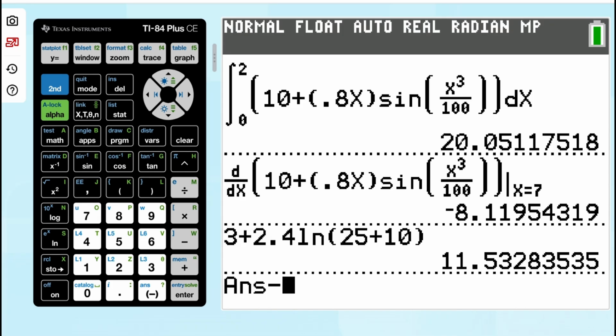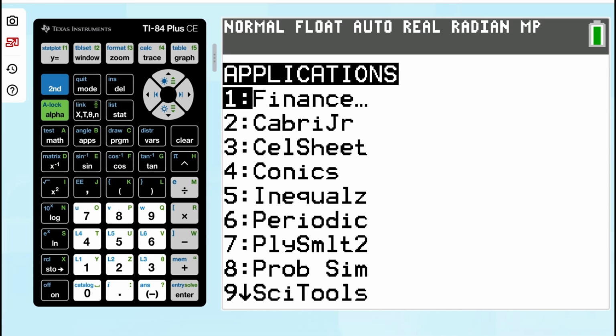And then we'll subtract from that f of 5, which was 10, plus, and then it was 0.8, in this case, times 5. And then times, oh, we don't need that. We'll just put our sine. Oh, that's not the sine button.